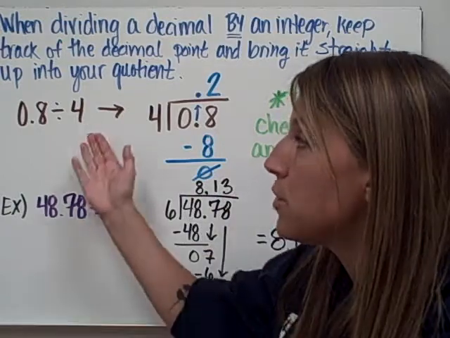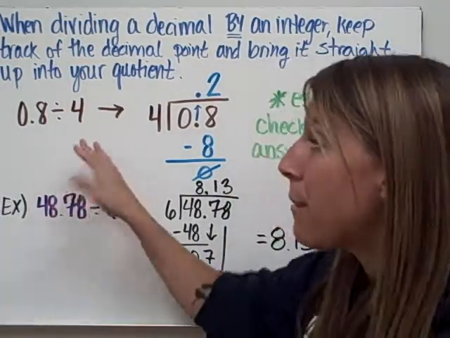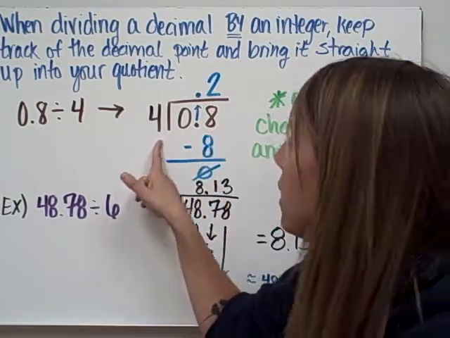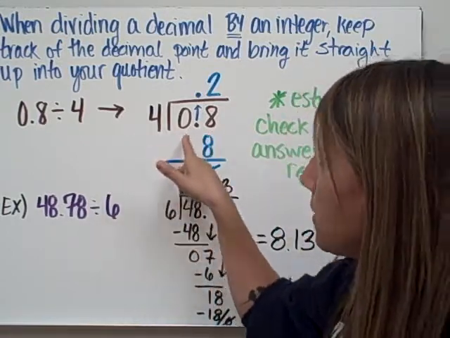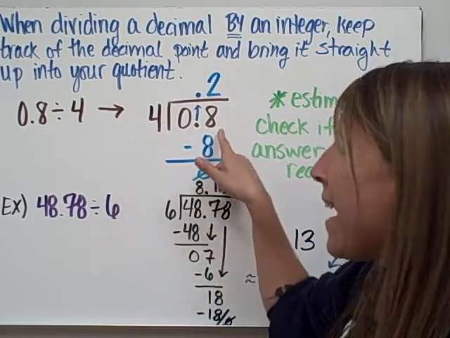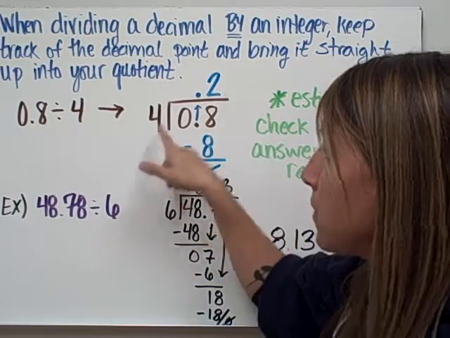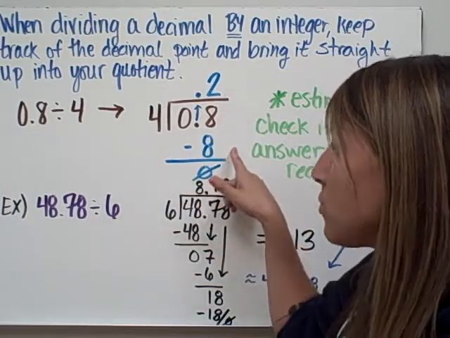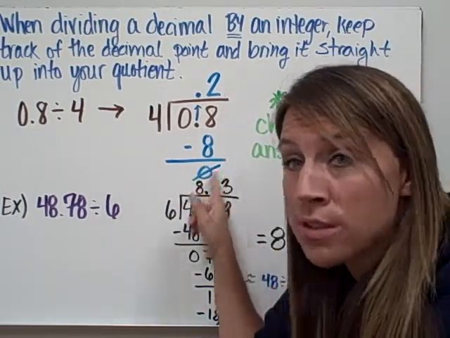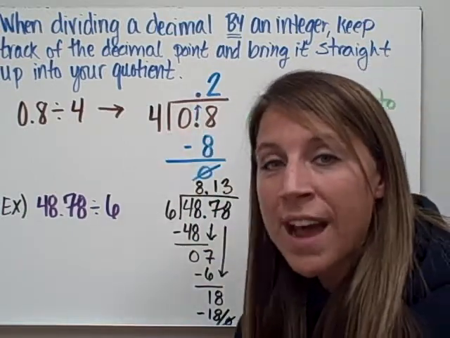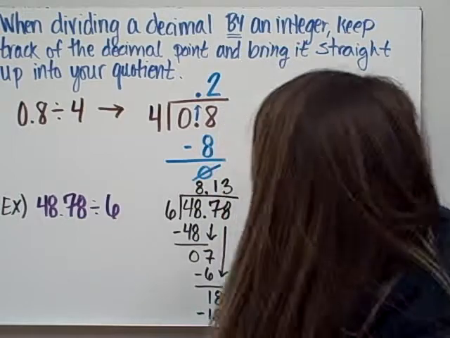So for example, just like we did 8/10 divided by 4, you would set it up. 4 does not go into 0, but 4 does go into 8. How many times? Twice. 2 times 4 is 8, so we subtract the 8 and we're left with nothing, which is awesome. Notice that decimal place came straight up, and we do in fact get 0.2.